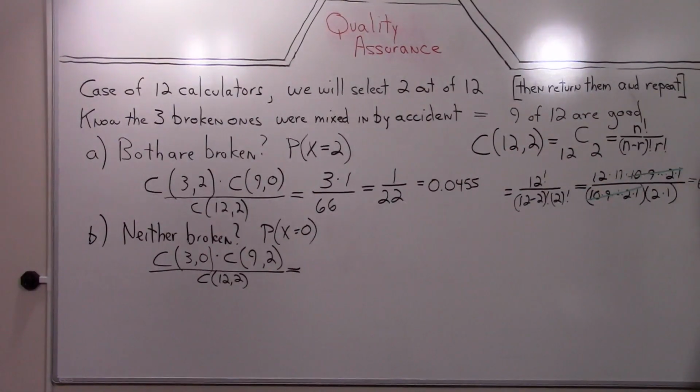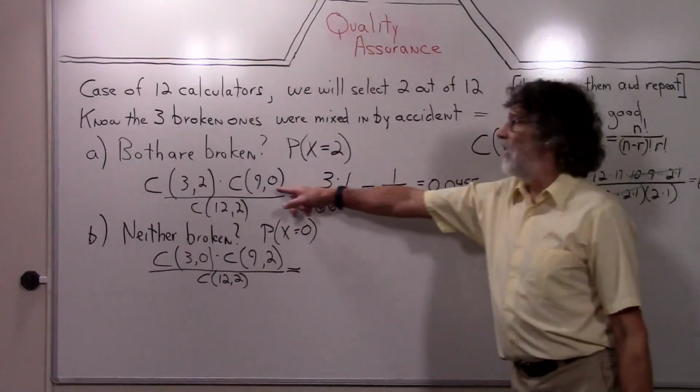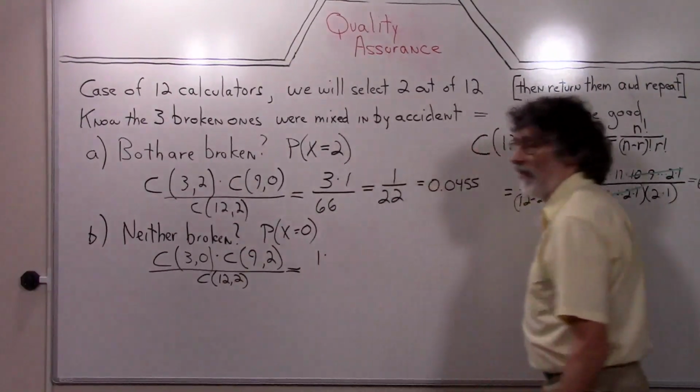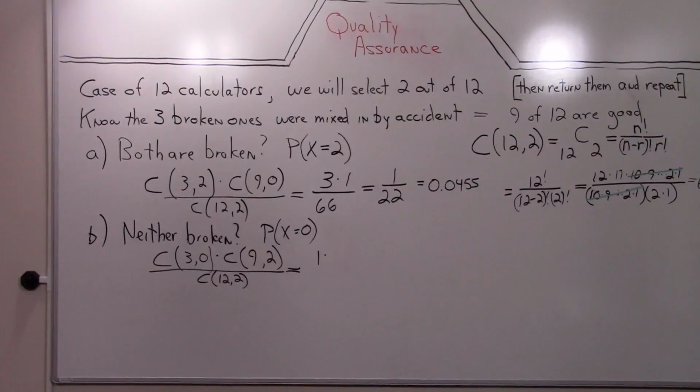Okay, C(3, 0): we realize from this any combination with 0 is always going to be 1. C(9, 2) will be 9 factorial over 9 minus 2 factorial times 2 factorial. 9 minus 2 is 7. The 7 factorials cancel out, so we've got 9 times 8 divided by 2. In other words, 9 times 4.